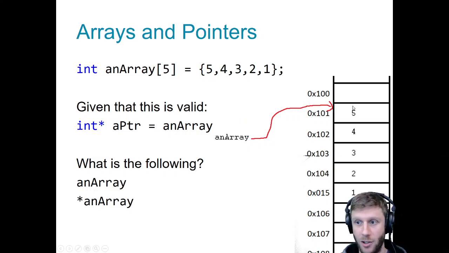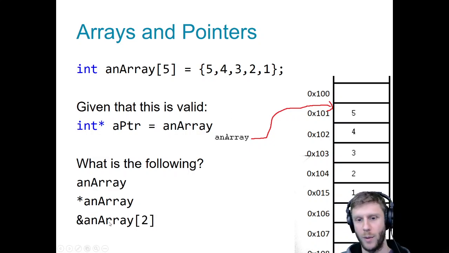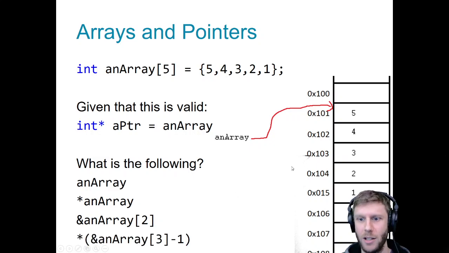Star an array should get us 5 because it'll go to an array, which is this memory address, 101, and then dereference it, which means what's inside the box. And then, what do we got here? So we're saying an array at index 2, so 0, 1, 2, that's the 3, but then we're putting the ampersand in front of it. So in this case, we should get 103, right? Because that's the memory address of that information.